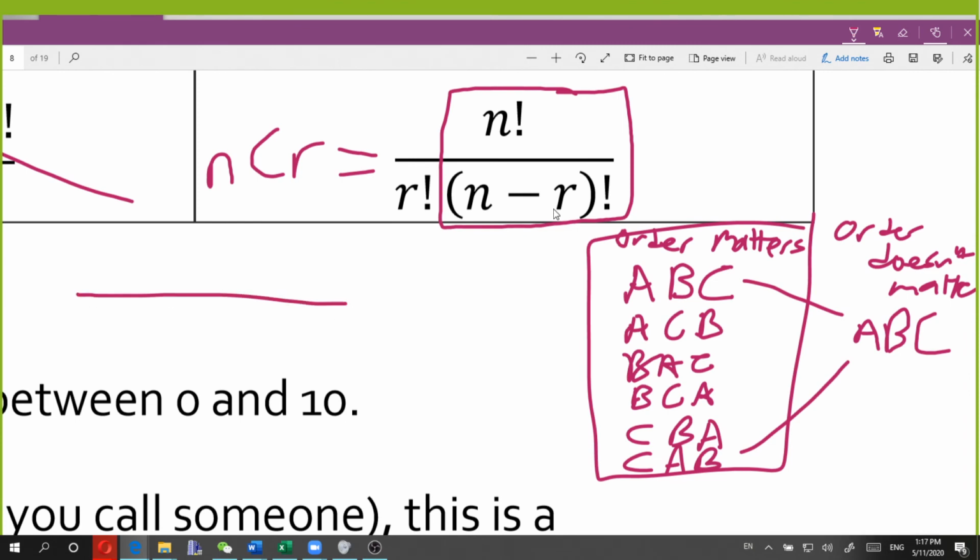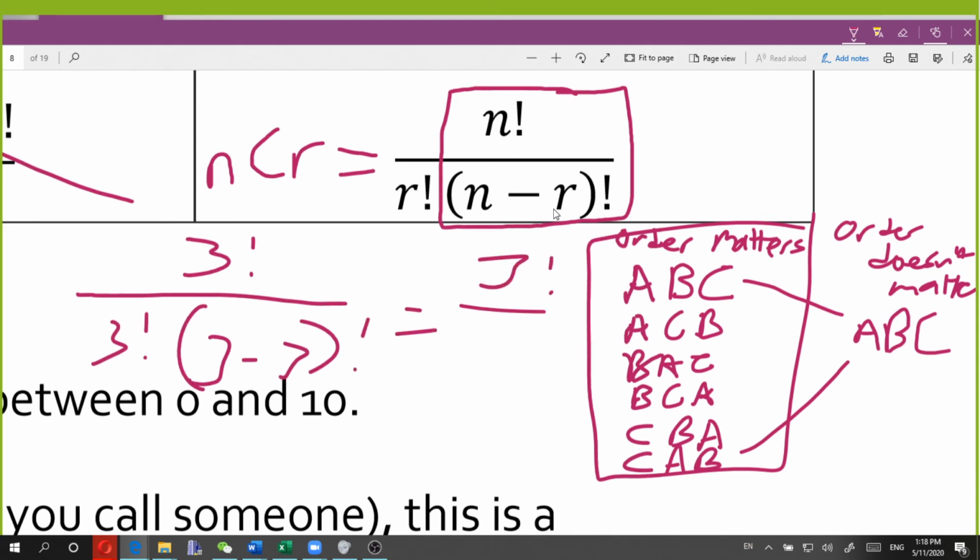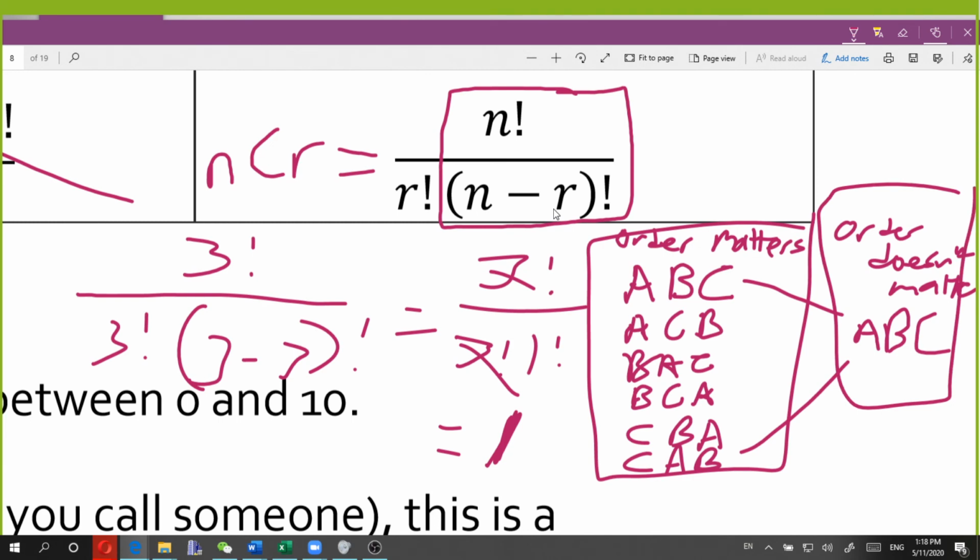We have 3 options for letters, 3 factorial. And I'm picking 3 of those letters. This would be 3 factorial over 3 factorial times 3 minus 3 factorial, which gives me 3 factorial over 3 factorial times 0 factorial. My 3 factorials cancel, 0 factorial is 1. So this is 1 over 1, there is only 1 option for combinations if the order does not matter.